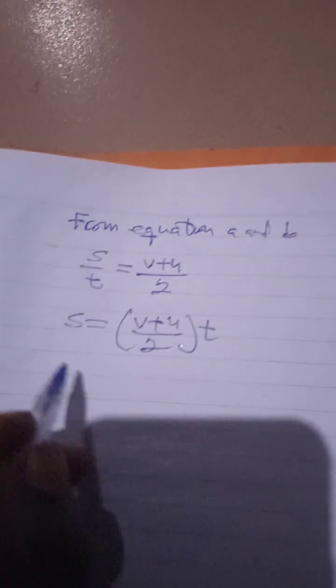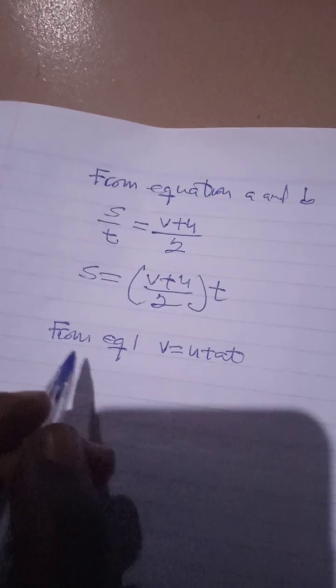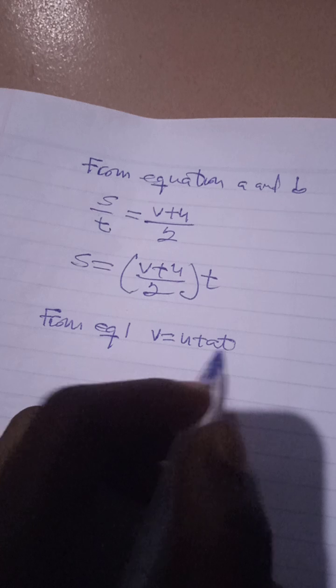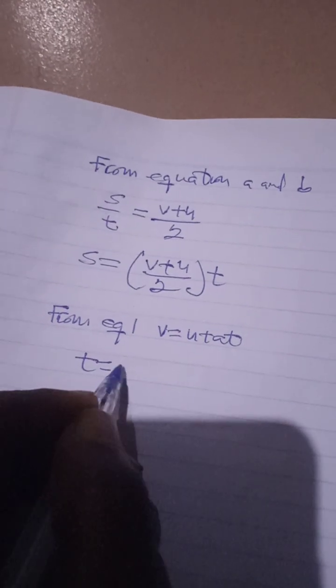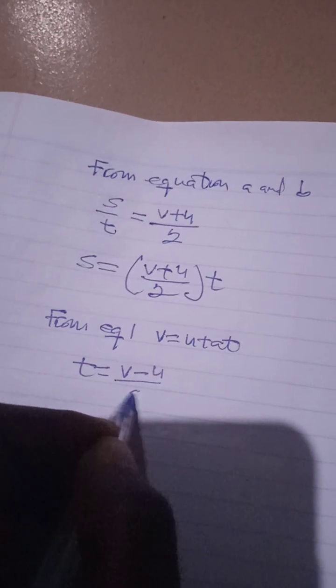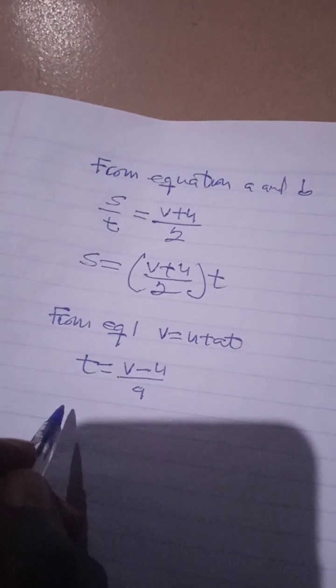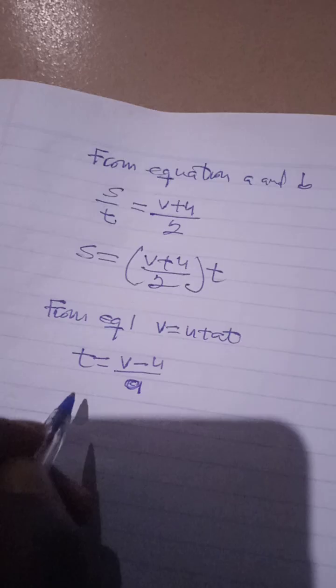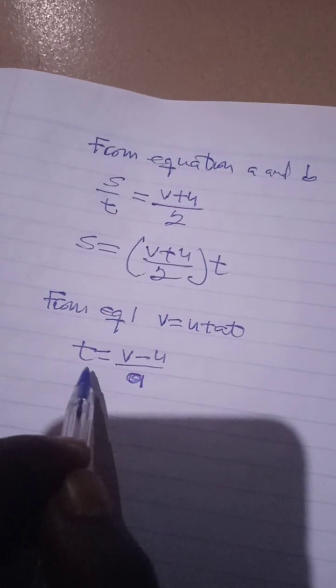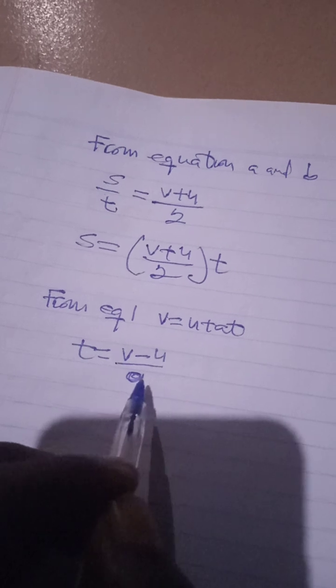Okay, now from equation 1, if you make t the subject, you get t is equal to v minus u over a, because u moves from here to the other side.